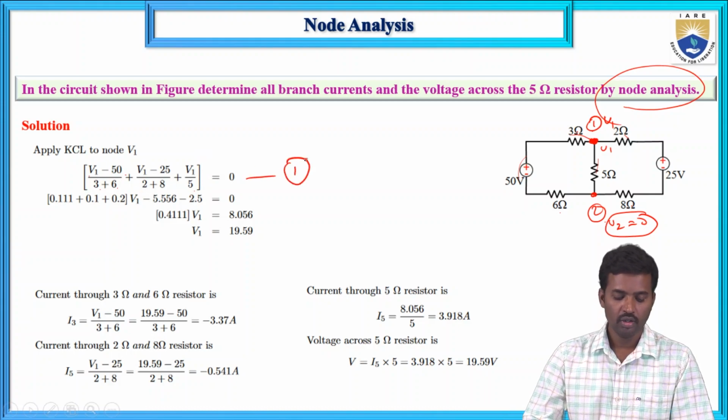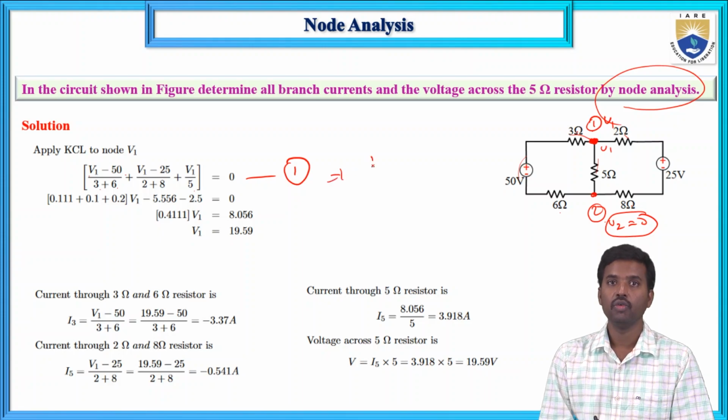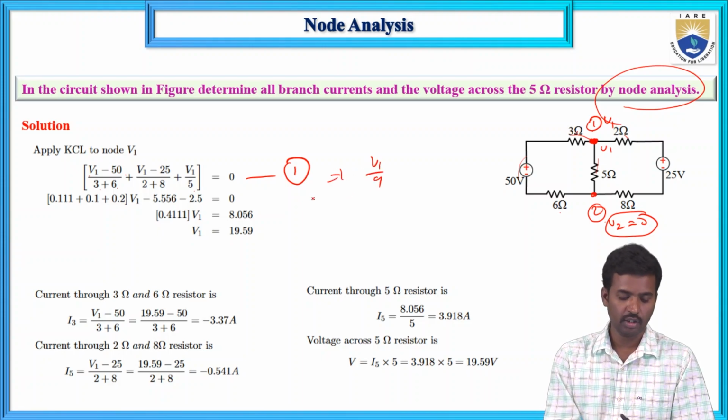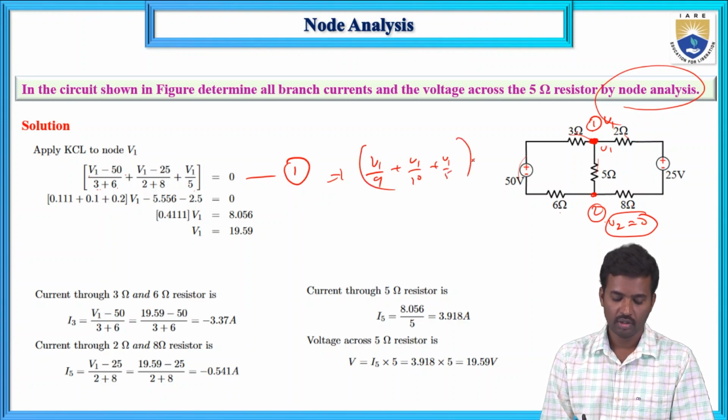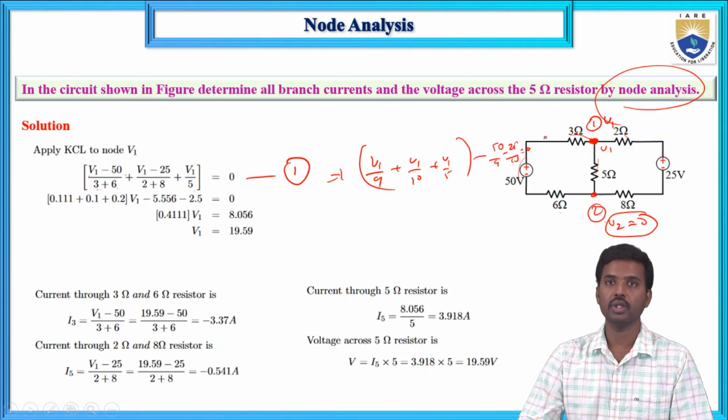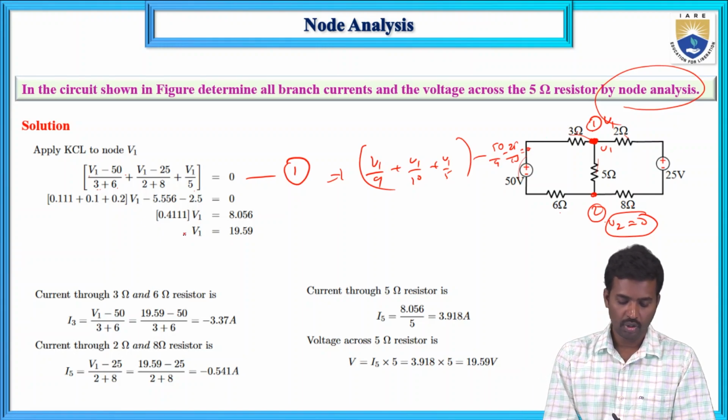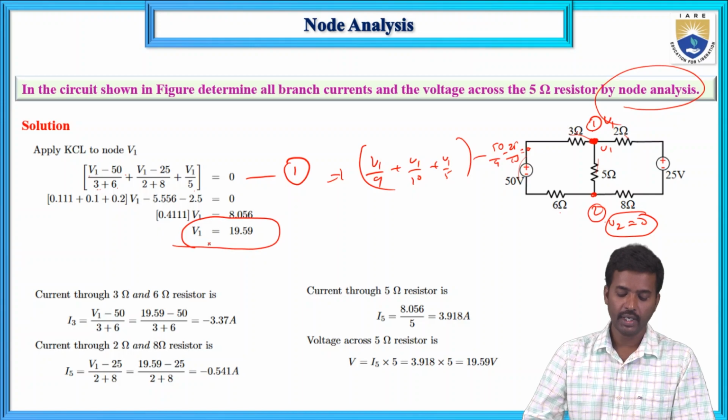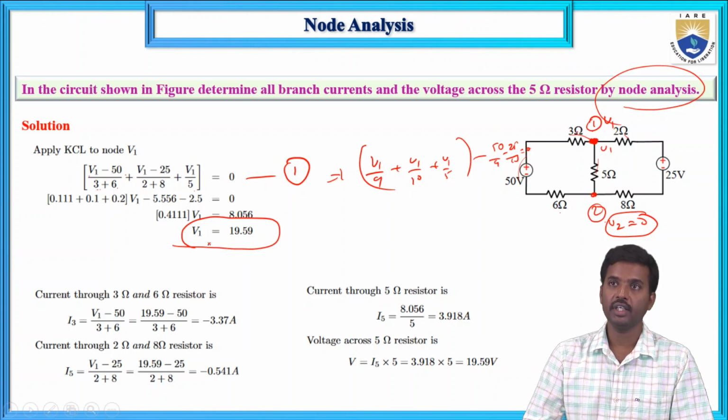So V1 by 9 plus V1 by 10 plus V1 by 5 minus 50 by 9 minus 25 by 10 equals 0. Now V1 equals 19.9.